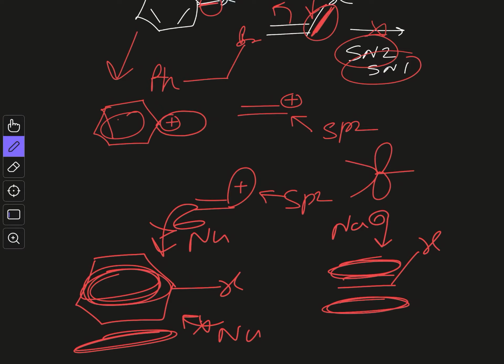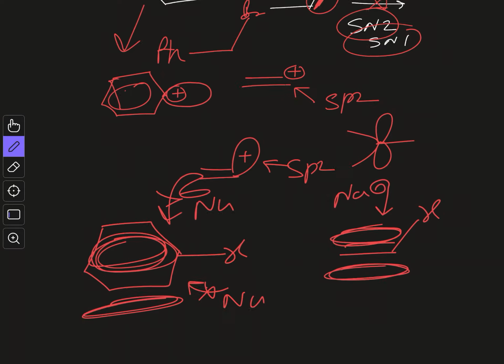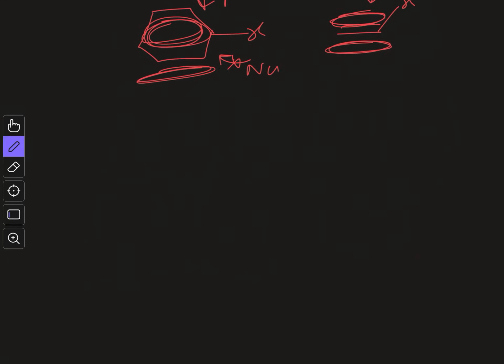Now let us talk about another kind of substrate, and that is the bridgehead substrate. So we have seen that this tertiary butyl substrate is very good at SN1 reaction. Now we will take some other substrates which are tertiary like this.